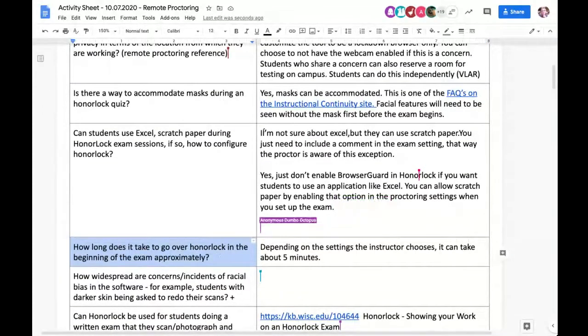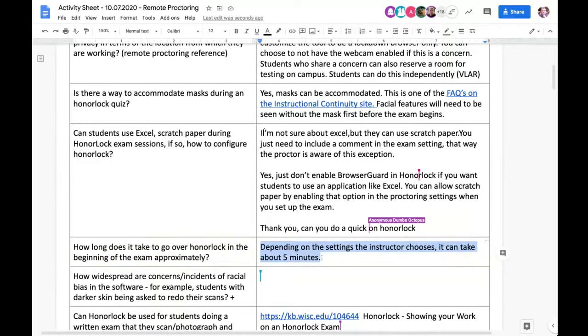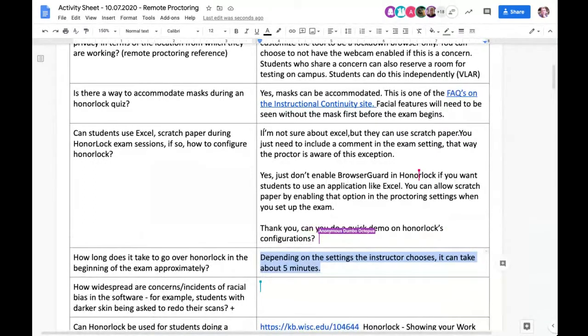All right, what is the setup time for the Honorlock administrivia of the room check and setup for the student? It looks like that's about 5 minutes, depending on all the settings that the instructor chooses. I guess my question is, if it's a timed proctored exam, does that 5 minutes count towards the exam, or is that a before thing?